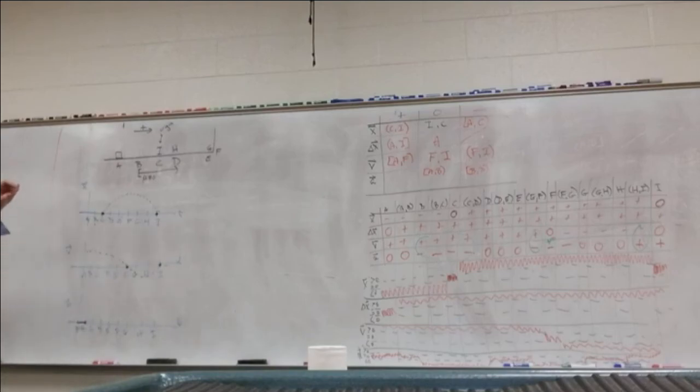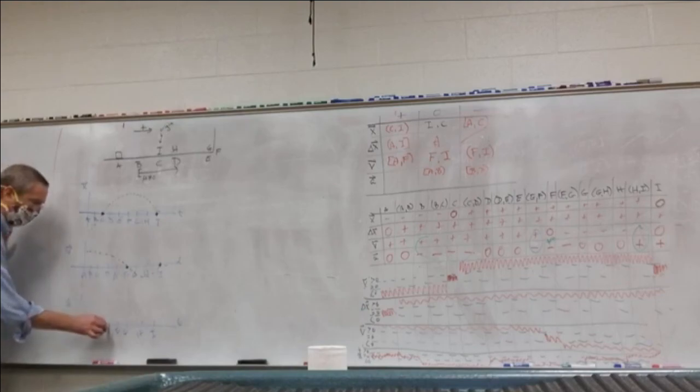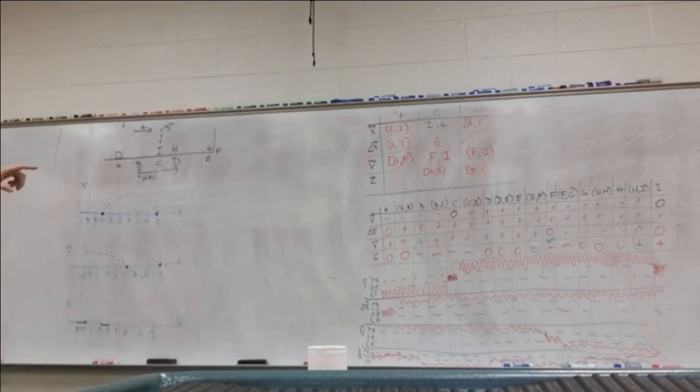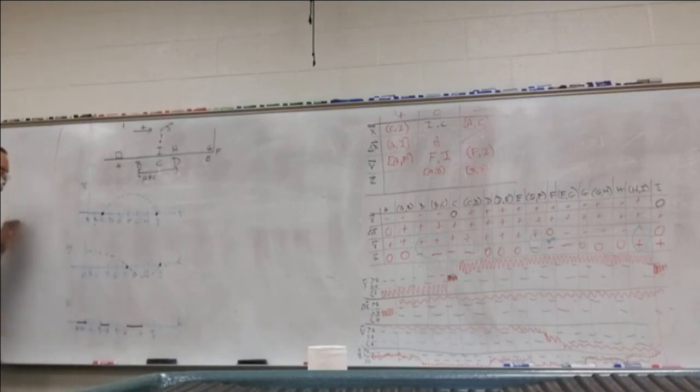And then it is 0 from D to E, and then 0 from G to H. And then it is negative, negative, positive.